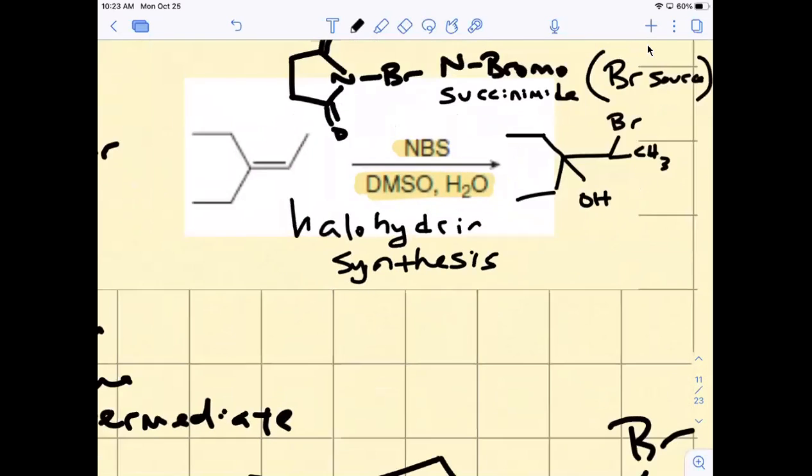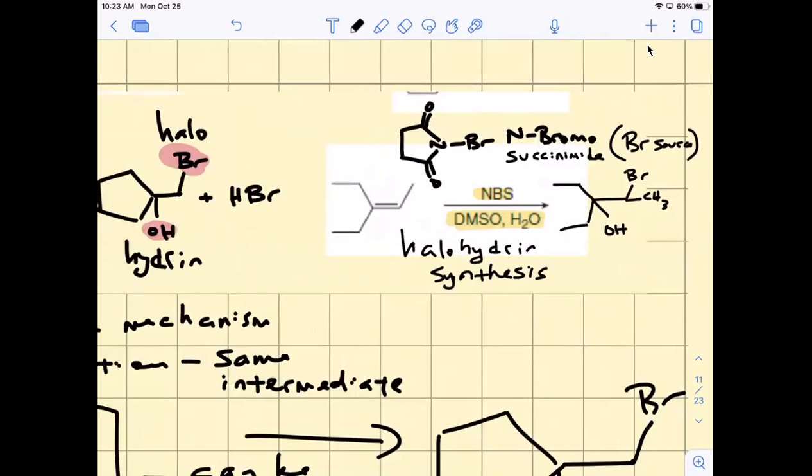So halogenation is without the water, correct? Yes. Okay. If you see water present with the halogen, and you're reacting that with the alkene, a double bond, then it's a halohydrin synthesis, right? Those are your, I hate to say ingredients, your reactants.